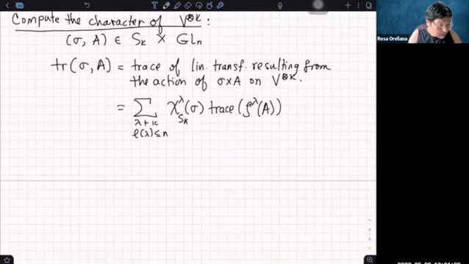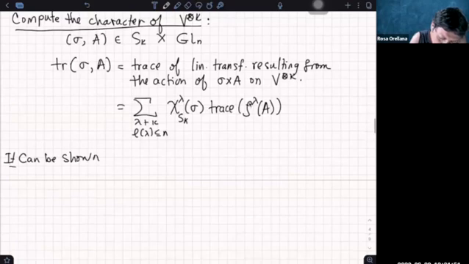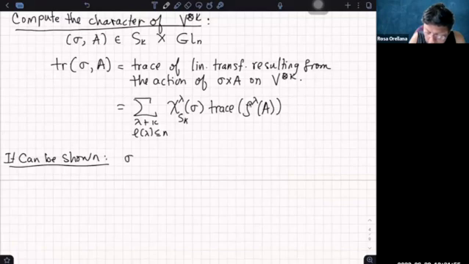It would take too long to give you an argument, so maybe I say it can be shown, but if you're interested, we can talk after about how. Suppose that σ has cycle type μ.